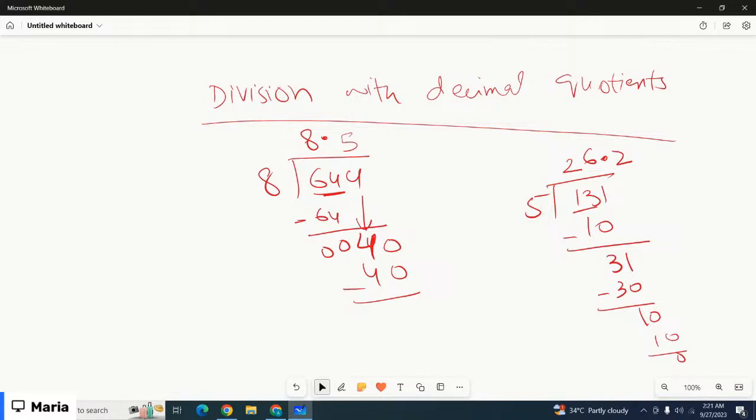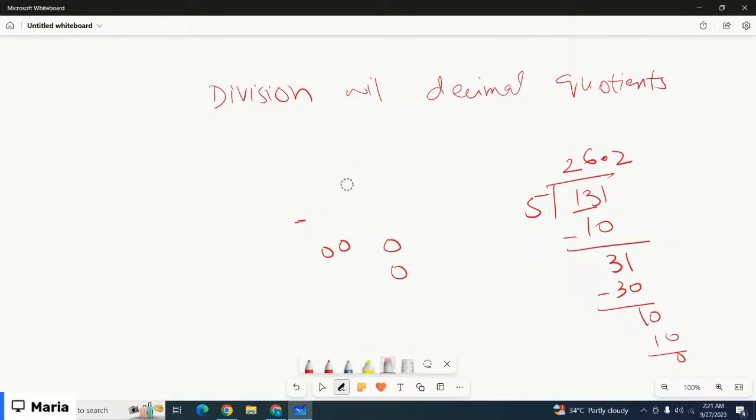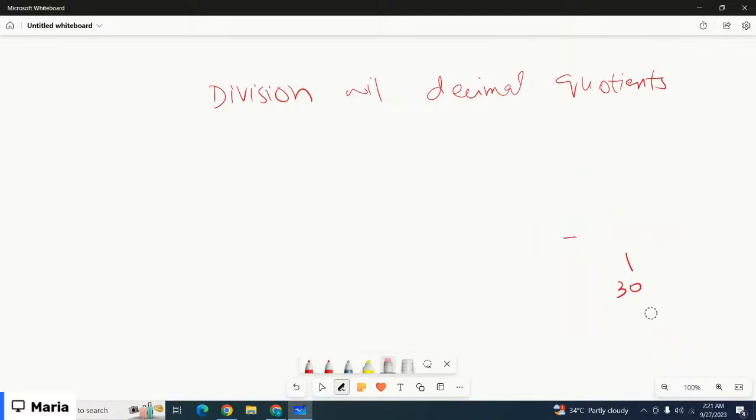Okay, now we're going to see how to do decimal rounding. Division with decimal quotients and rounding. Let's see how we round off the numbers.